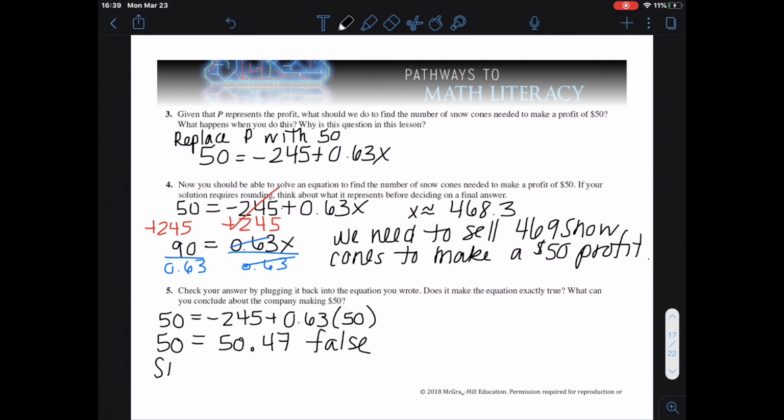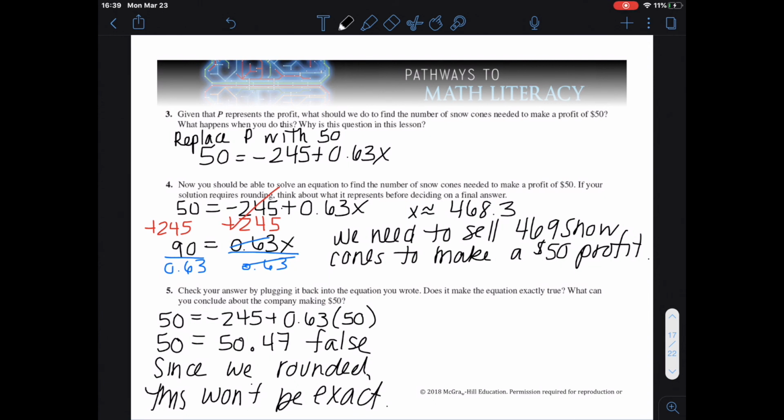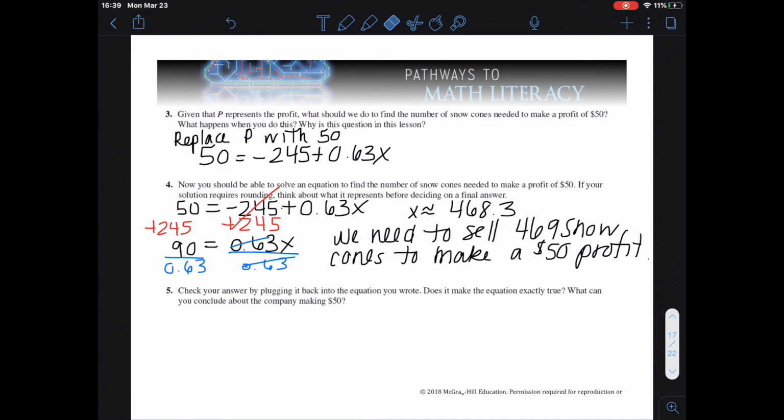So since we rounded, this won't be exact. Okay. So what that means is you can't actually make a $50 profit. So what we want to do is we want to plug this number of snow cones back in.